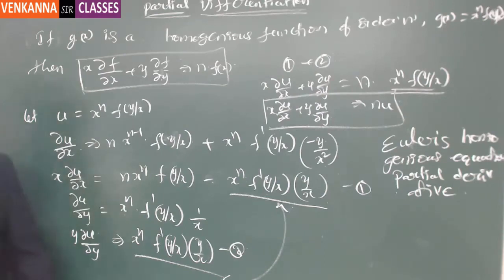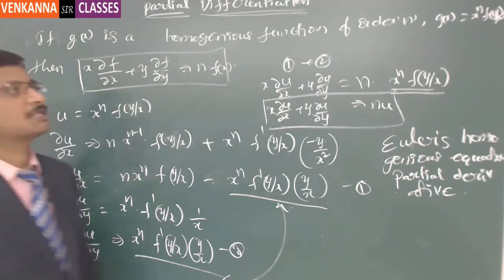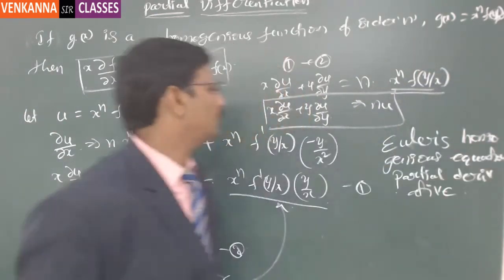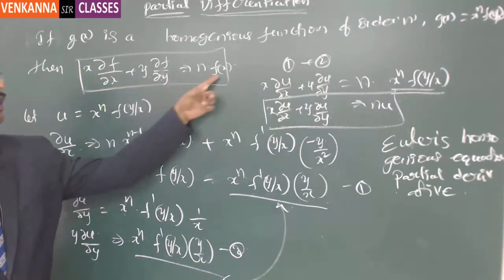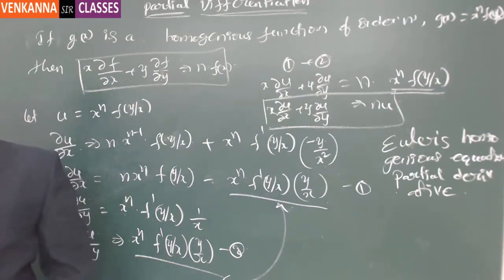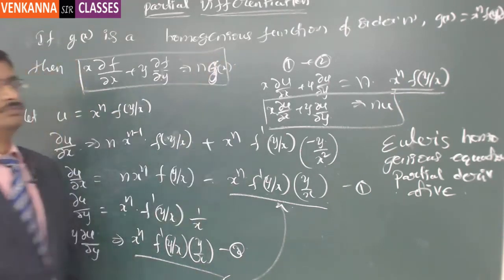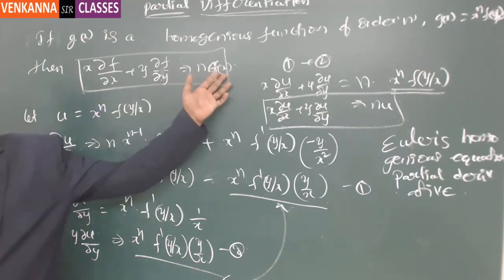So Ravindra, the question is, if g of x is a homogeneous function which can be expressed as x^n into f of y/x, then prove that x ∂f/∂x plus y ∂f/∂y is equal to n times g of x.